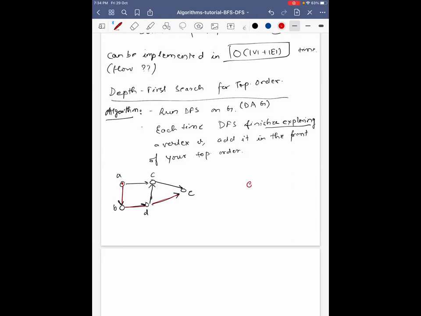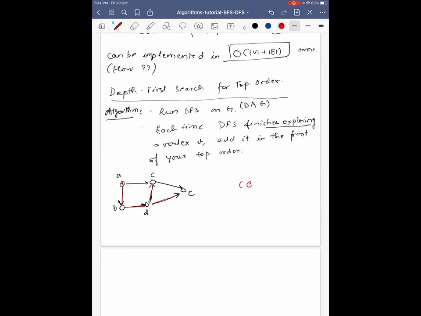Next, it's going to backtrack and go back to the node D. Now from D, it will visit C. Now from C, it can visit E. But since E has already been explored by DFS, it won't visit the node E again. So at this point, DFS has completed exploring C. So it's going to output C and we'll write C over here.